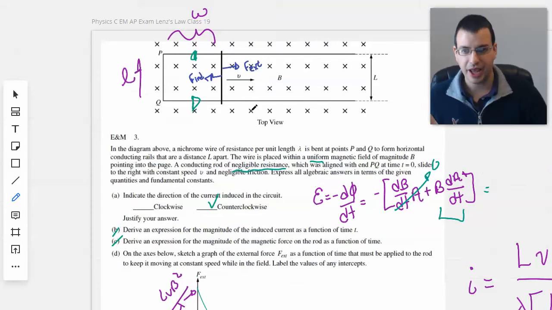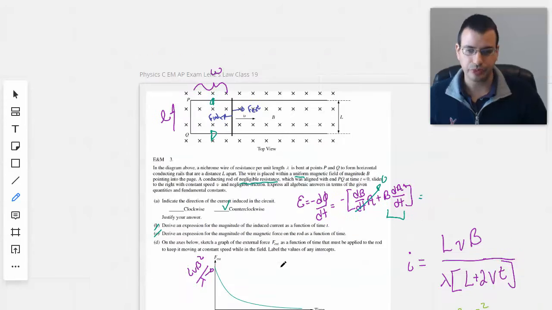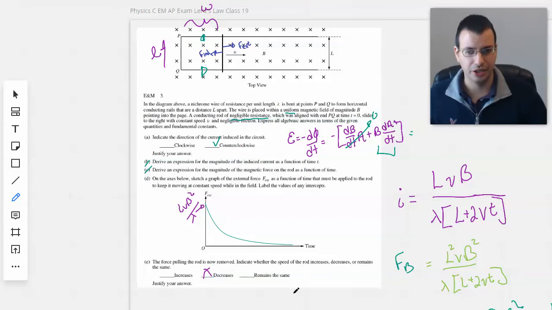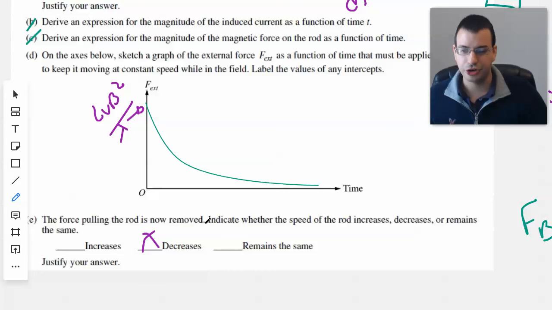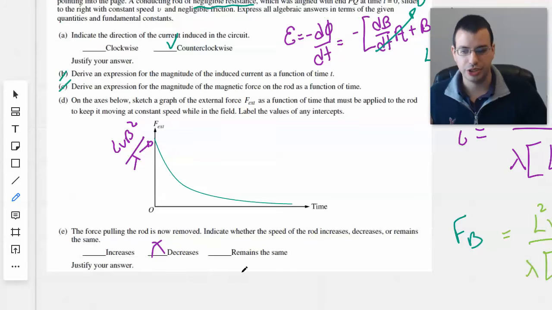And it'll never actually stop because we're assuming frictionless here. But it'll keep slowing down until it asymptotes out at stopping. So if the external force is removed, we won't have anything to counteract the induced force, and therefore the induced force will cause the rod to decrease.